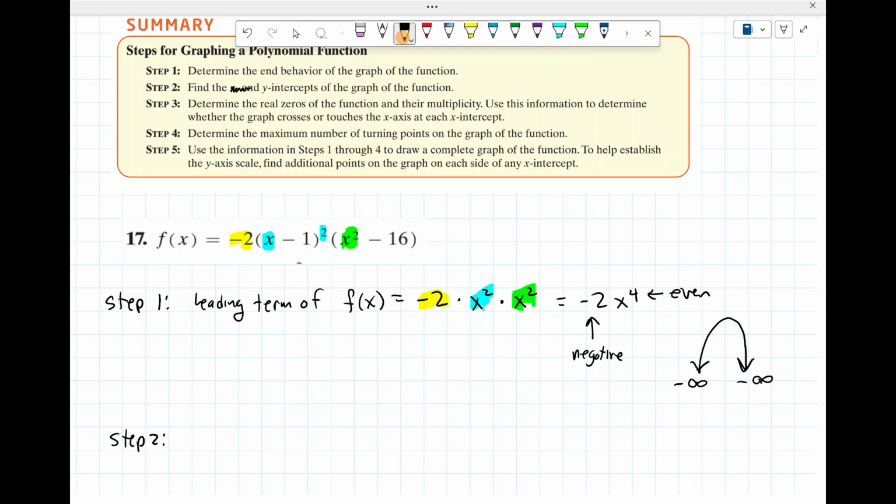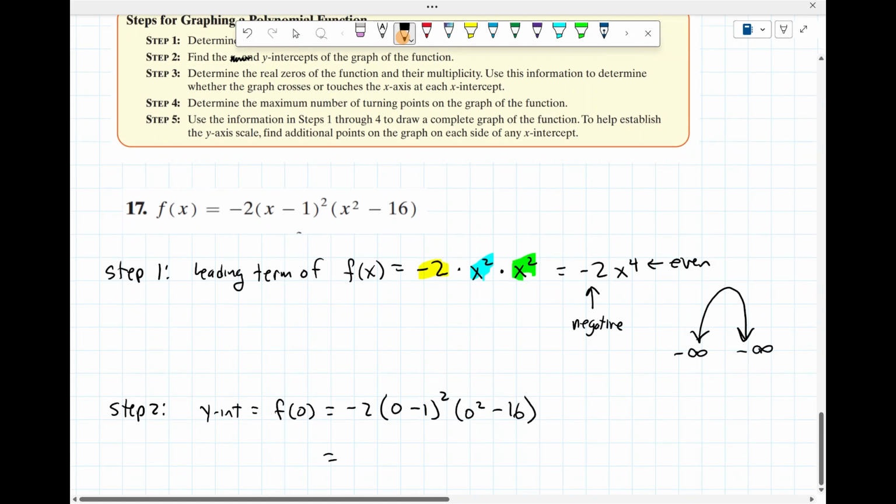The way we find the y-intercept is we are going to find f of 0. So the y-intercept will be equal to f of 0, which will be equal to negative 2 times 0 minus 1 squared times 0 squared minus 16. And so I just plug in for 0.